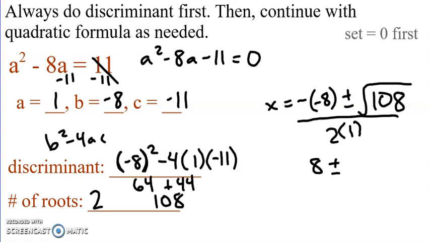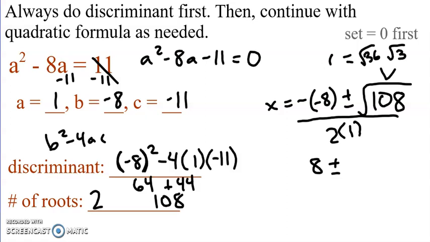Okay, 108, now that's not a perfect square in itself, so we have to think about, can we factor out a perfect square? 108 is kind of a bigger number for us to do in our head, but if you play around with that with guess and check or with a calculator, you can find that this factors into 36 times 3, and 36 is a perfect square.